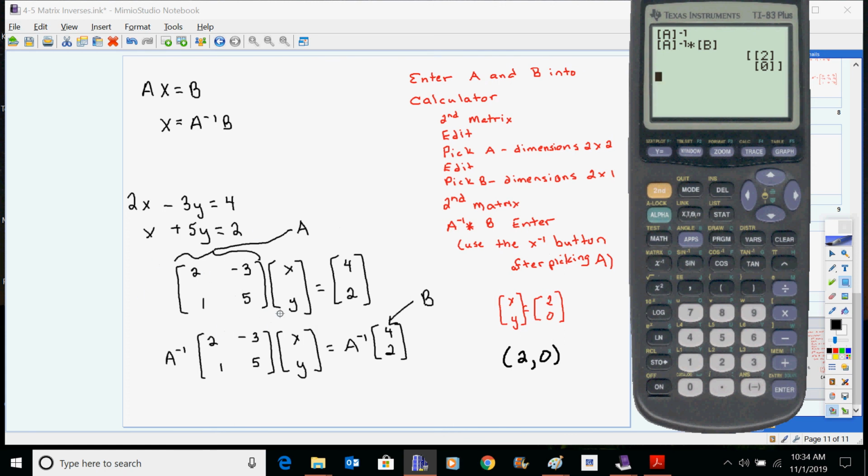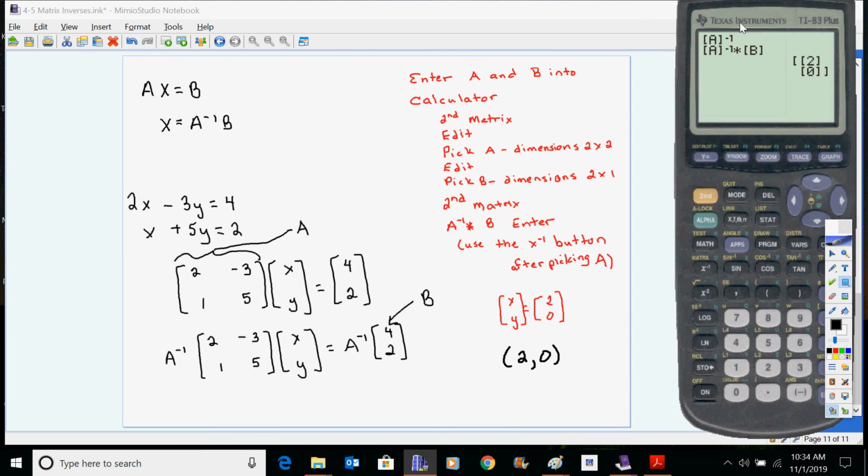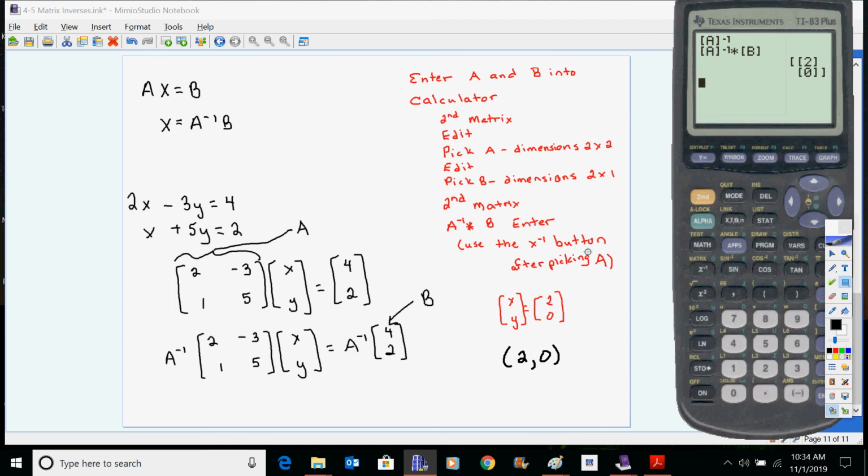Okay, so the X inverse button after picking A. So you have A inverse B. Did you get the right answer? Oh, okay. So A inverse, if you don't write the times, it's like number next to number, and it does times, so you're fine. It's still multiplying it, so you're good.